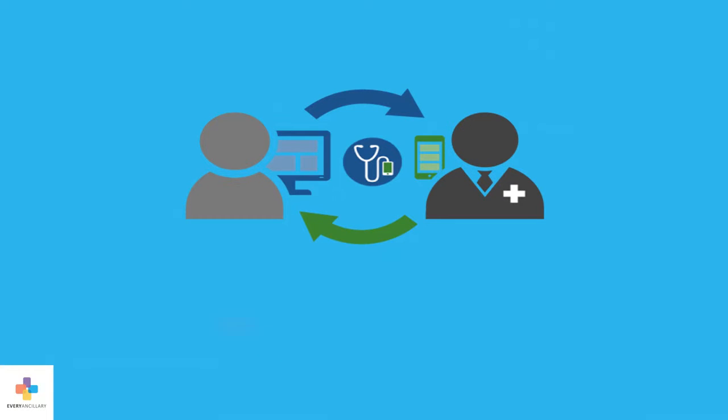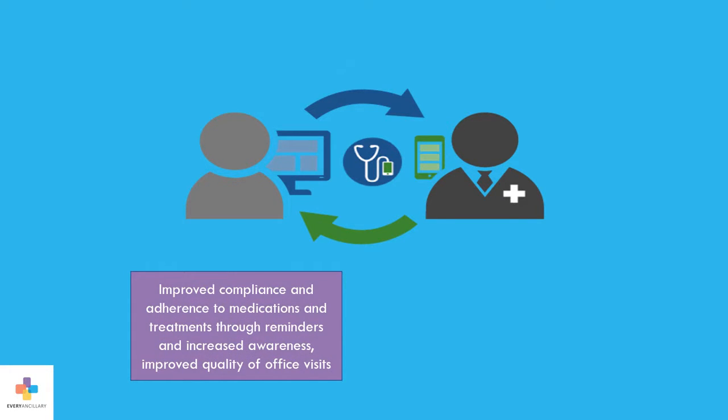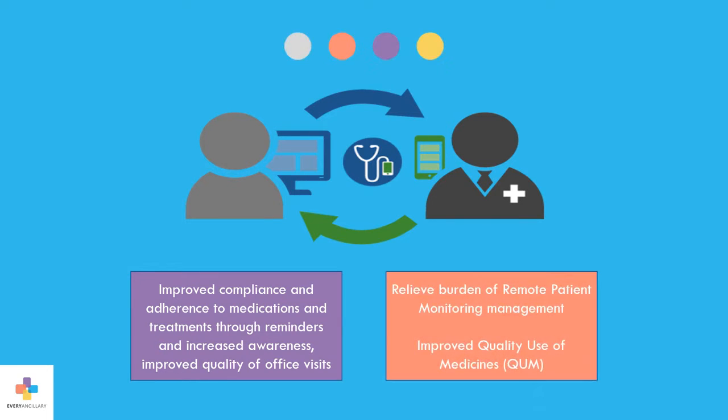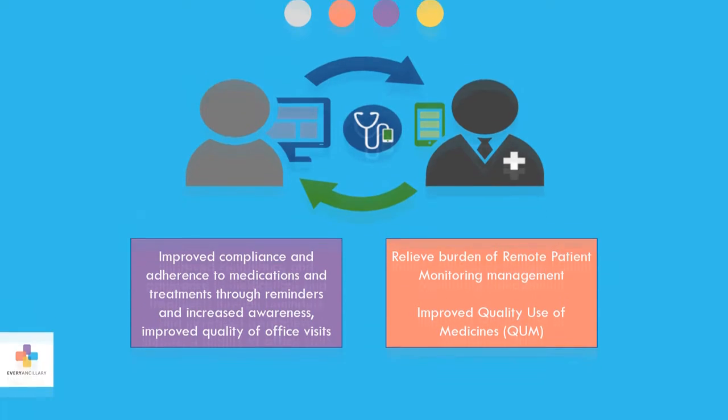Patients will benefit through improved compliance and adherence to medications and treatments through reminders and increased awareness, as well as improved quality of office visits. Physicians will benefit through relief of the burden of RPM management, increased revenues, and improved quality use of medicines. To get your practice started, you'll need to complete a new account form with your Every Ancillary Practice consultant.